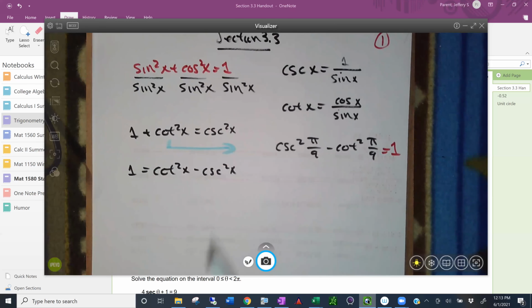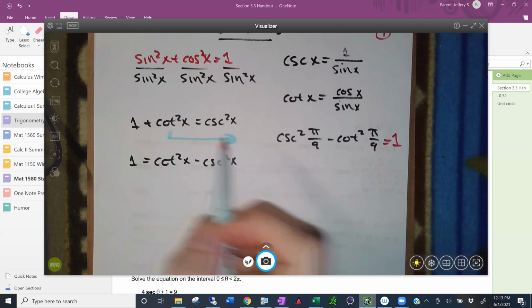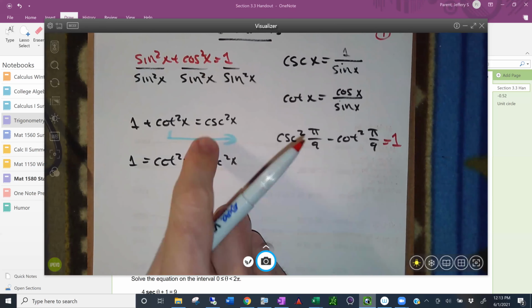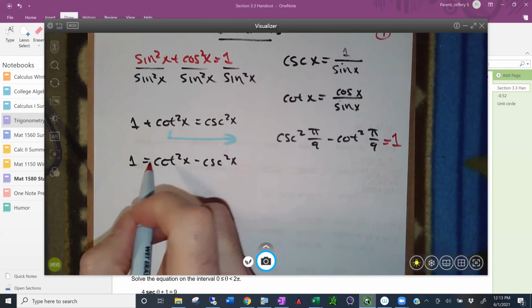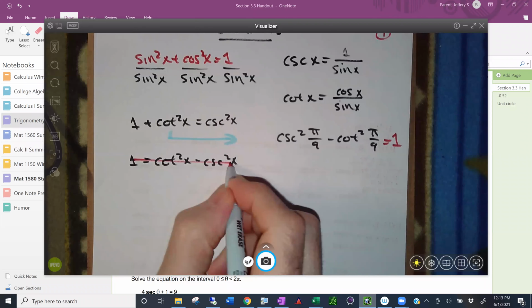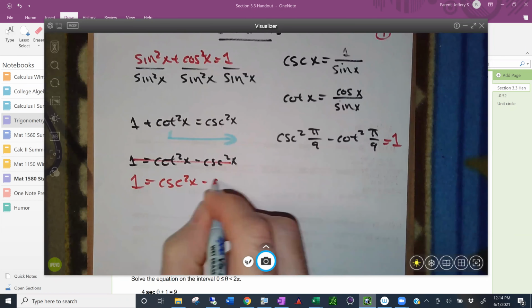If I wanted to arrange things to get this, and I appreciate you saying something there, I just wasn't paying attention. If I wanted to get something like this, then I got to have, let's see. Wait a minute. Oh, I just copied it down wrong here, right? Yeah, okay. So it's going to be 1 equals cosecant squared x minus cotangent squared x.